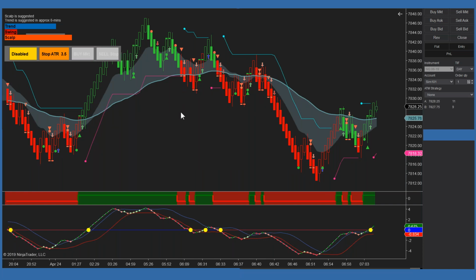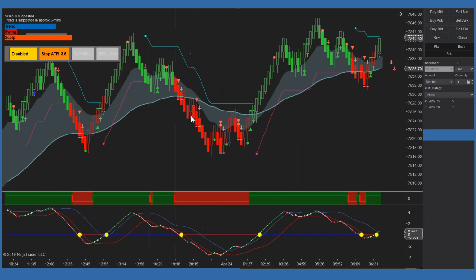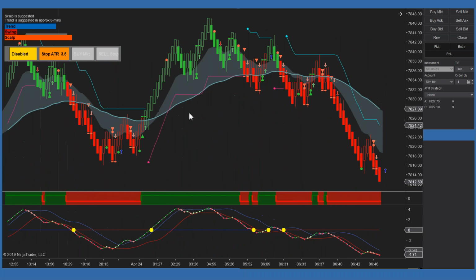It's hard to tell at this point because as you scroll back through your chart, look at this. See how we've got all this sideways trading going on?